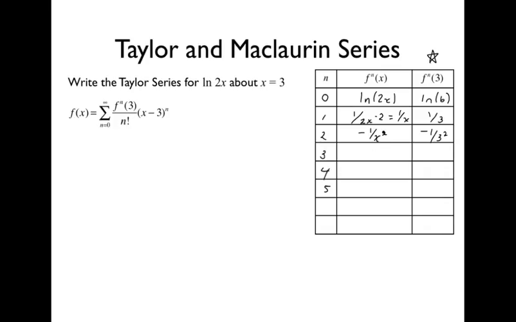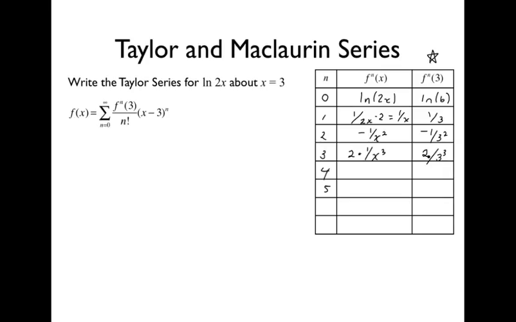The derivative of this is negative 1 times negative 2, which is 2, times 1 over x cubed, which is 2 over x cubed. In order to build a formula for this, it's easiest if you keep this unsimplified.